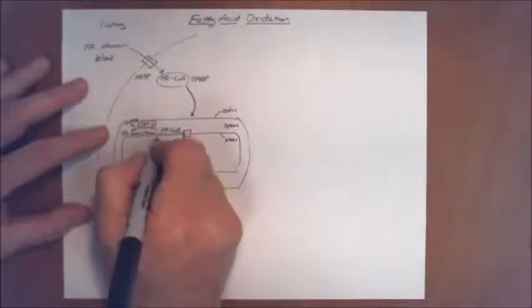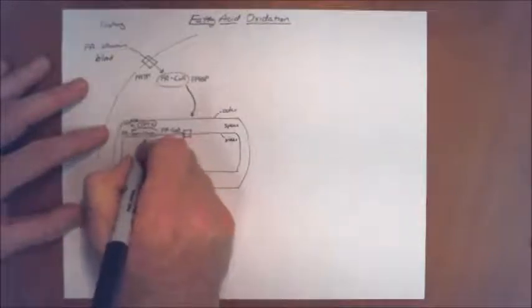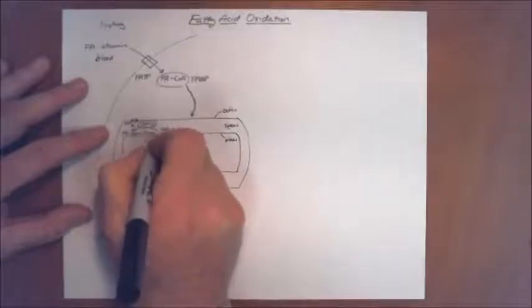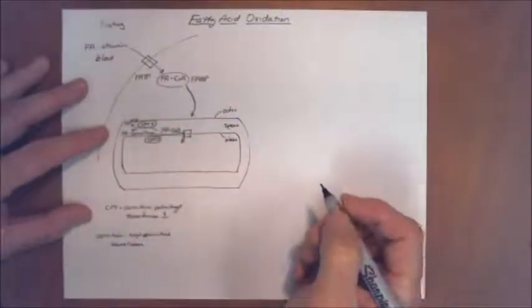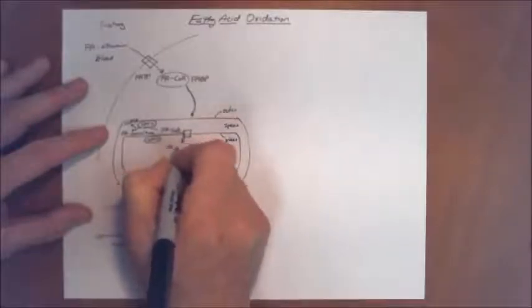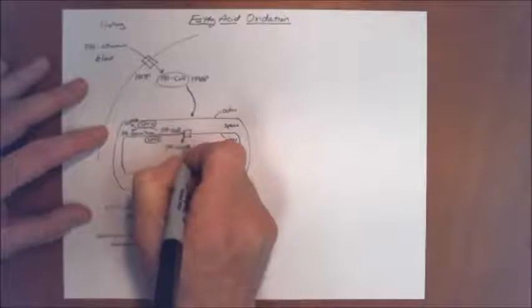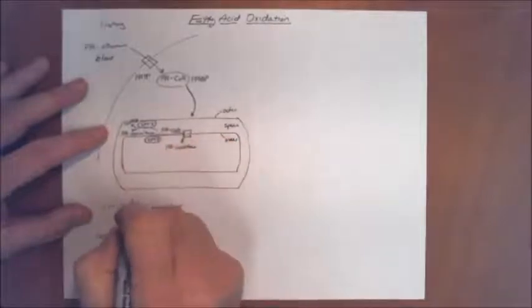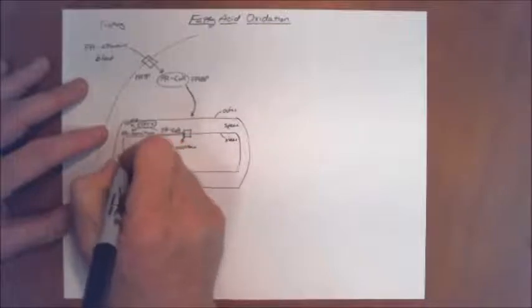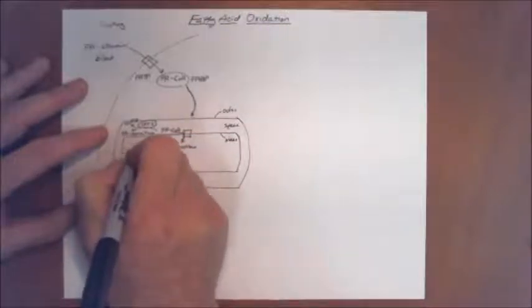Now once we've reached the inner mitochondrial matrix, we have another enzyme called CPT2. The job of this enzyme is to take the fatty acyl carnitine that has entered the mitochondria through the translocase and convert this back to fatty acyl-CoA.